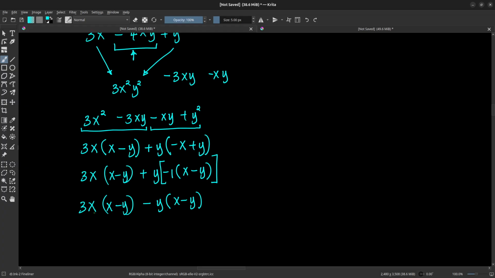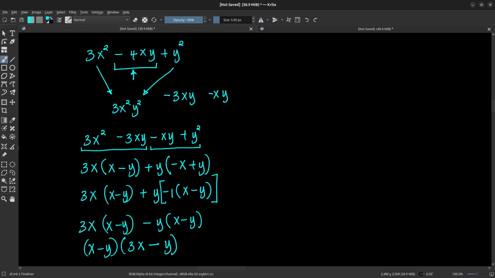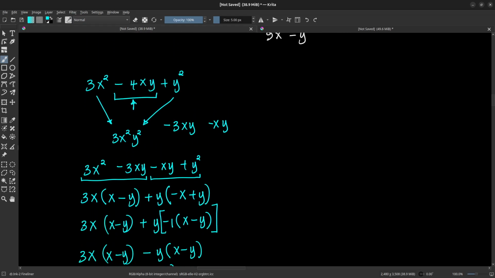Now we have the two terms and the common factor is x − y. So we factor out x − y: the first term divided by x − y gives us 3x, and then minus the second term divided by x − y gives us y. So this is the simplification of the numerator.